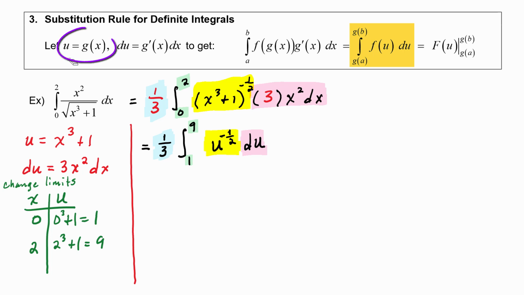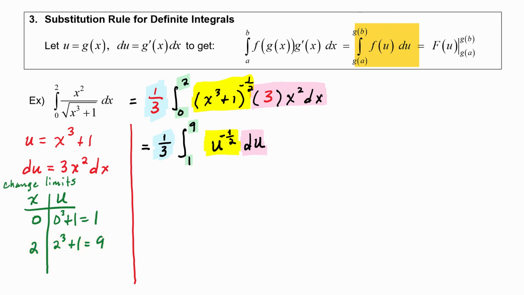So remember, u is g of x, so that's what we did here, where we took the lower limit of 0, plugged it in to g of x, and figured out what the u variable was. So in our case, g of a is this 1 right here, and g of b is g of 2. In other words, plug 2 into that inner function to see what the u variable would be, which is 9. So this integral here is this piece of the rule.